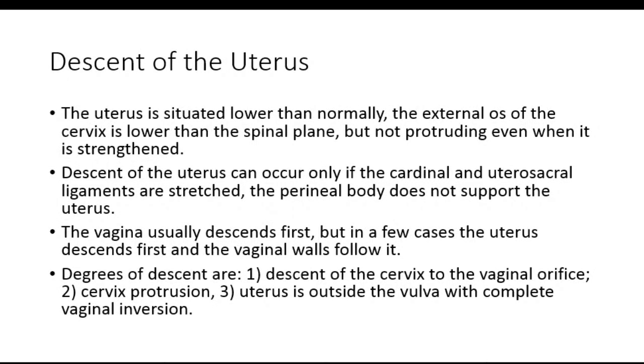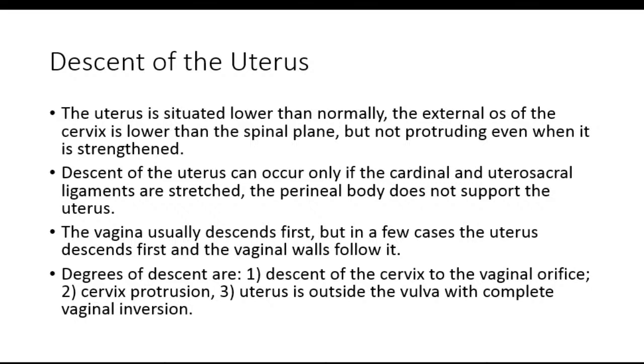But usually we see not elevation, but we see descent or collapse of the uterus. This descent may occur only if the cardinal ligament and uterosacral ligaments are stretched or maybe even torn after delivery, especially after multiple deliveries.